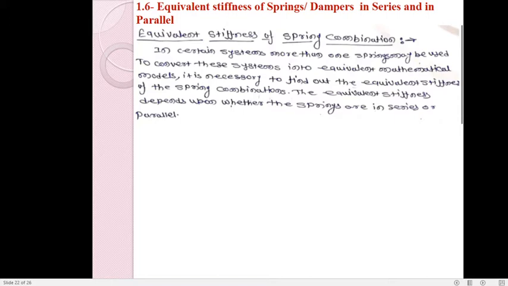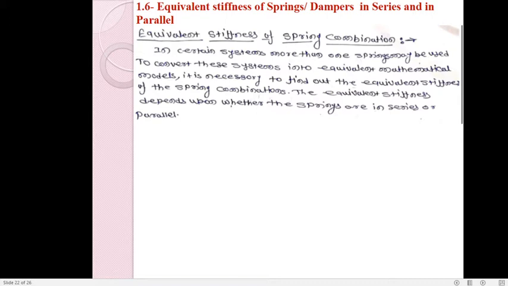To convert these systems into equivalent mathematical models, it is necessary to find the equivalent stiffness of the spring combinations. The equivalent stiffness depends upon whether the springs are in series or parallel.